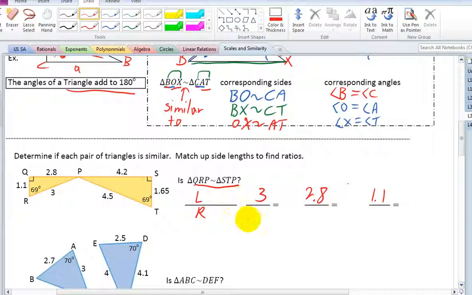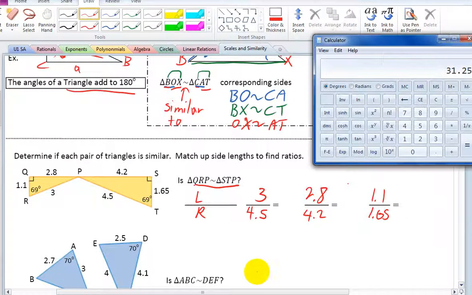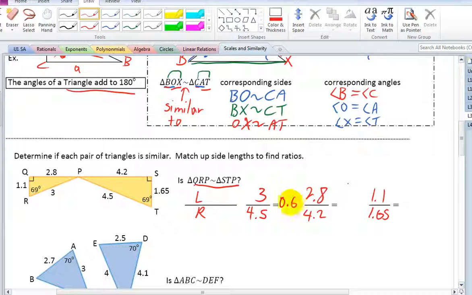So in the other triangle, what's your largest side? It should match with the largest of the other one. The medium size? 4.6. And the smallest, 1.6. Now take out your calculator and go top divided by bottom to figure out the decimal. I got 0.6 repeating.